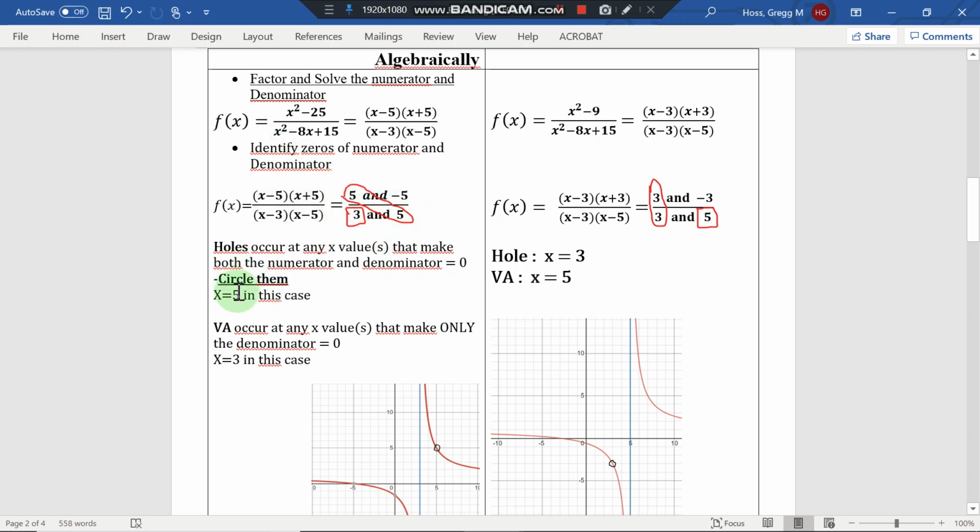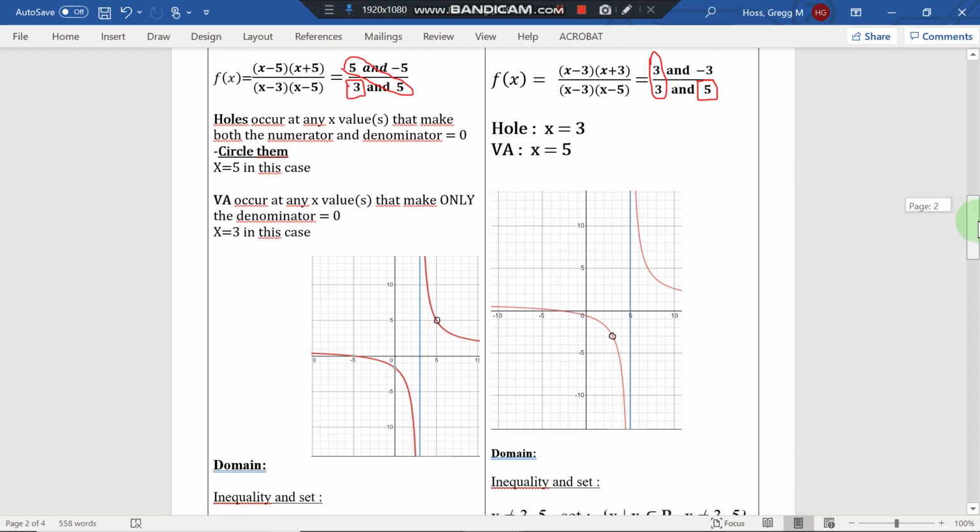So in this case, we'll have a hole at x equals 5. Any other zeros that are only in the denominator are going to be where our vertical asymptote or asymptotes occur. In this case, 3 does not have a matching zero in the numerator. So x equals 3 is where our vertical asymptote would occur.